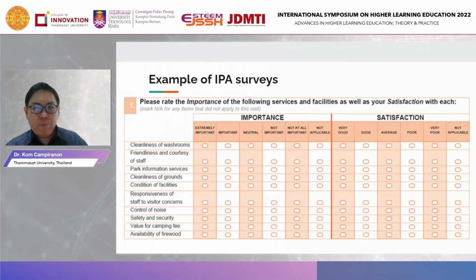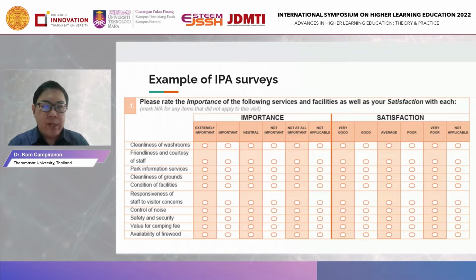But in terms of performance or satisfaction, the customer might say, no, they're not doing well, it's not very clean, so they might give a low score, right? So you can see already that between the importance that the customer thinks and the performance, there's already a gap between the scores, right?